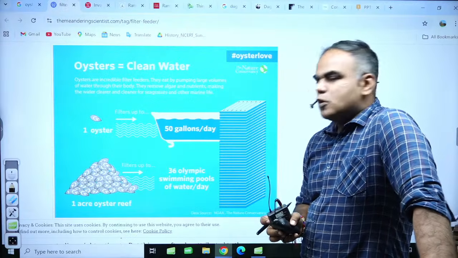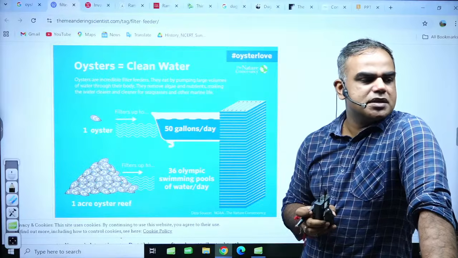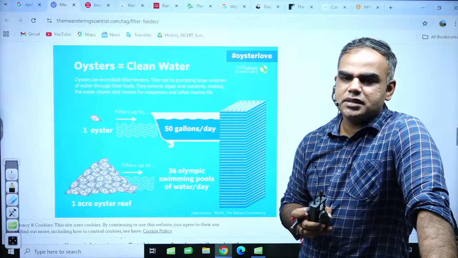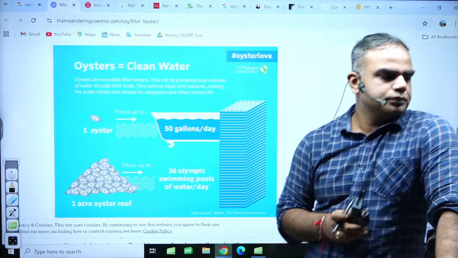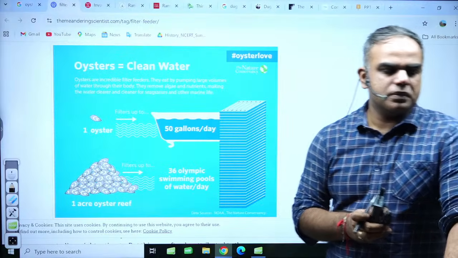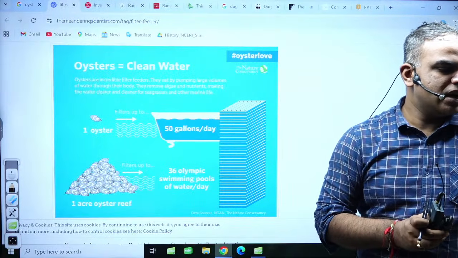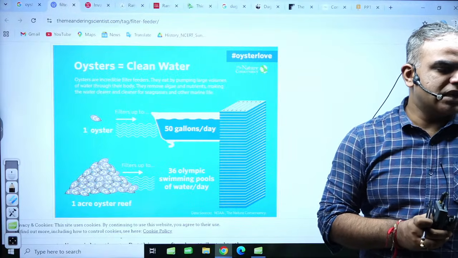So they also help overall as an indicator species. Indicator species are also your sentinel species. Okay? Last में just one line you can write.